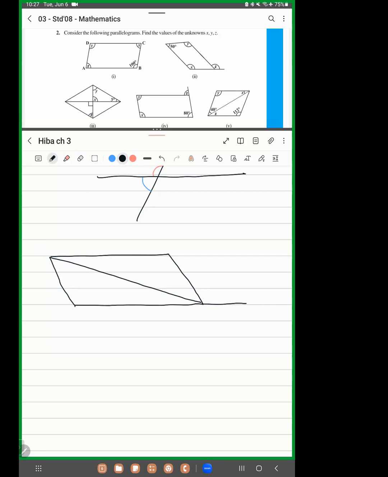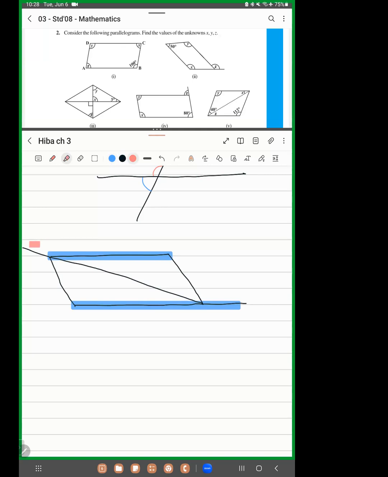I shouldn't have made it like this. ठीक है. Interior angles on the same side of the parallelogram. Now parallel sides क्या हैं यहाँ पे? Parallel sides are this. Oops, sorry. This and this are parallel lines.